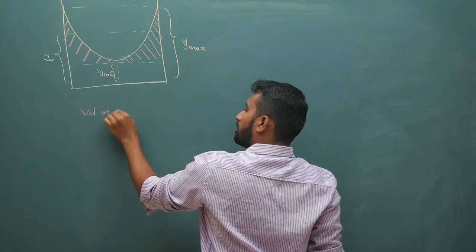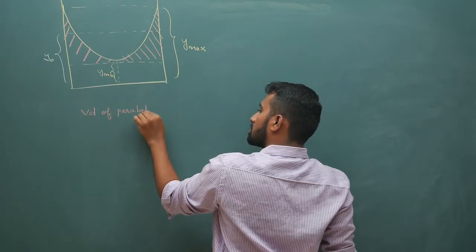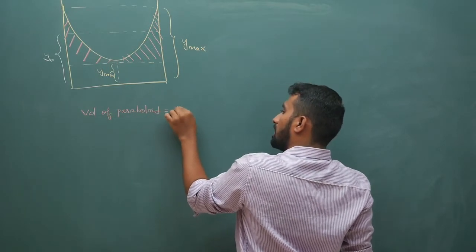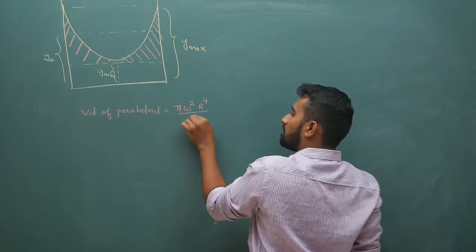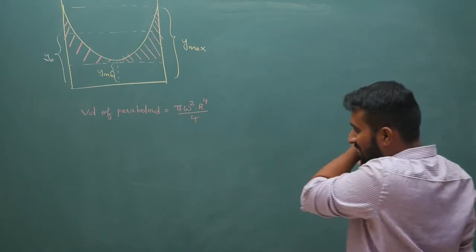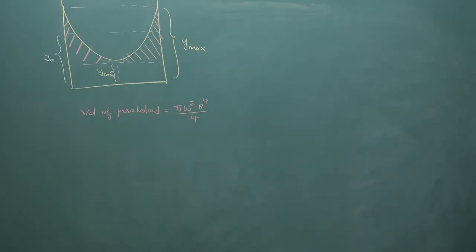Volume of paraboloid is pi omega square r power 4 by 4. So you will be getting it as pi omega square r power 4, by g is there of course, by 4g.